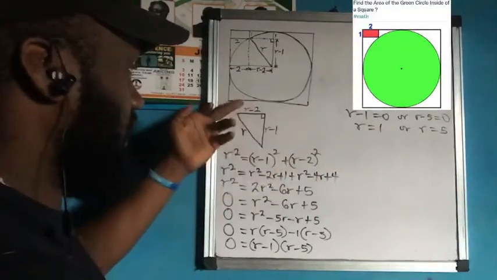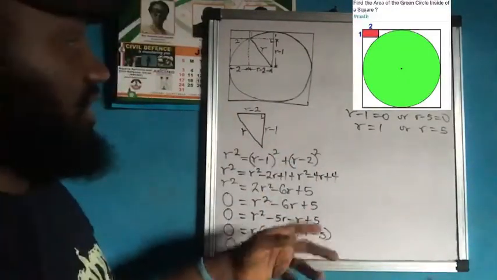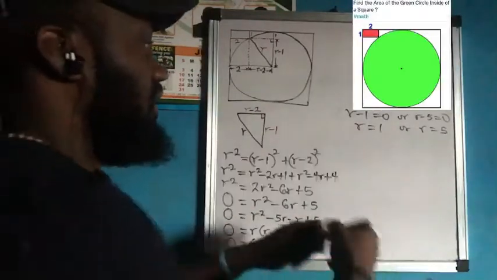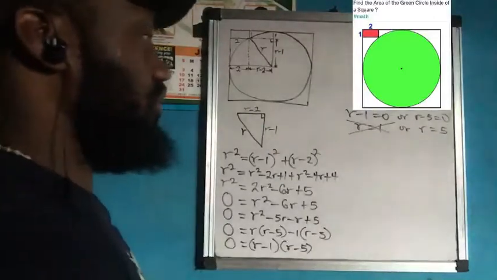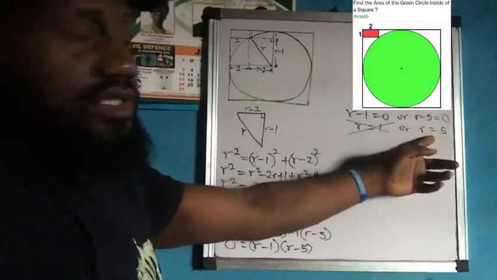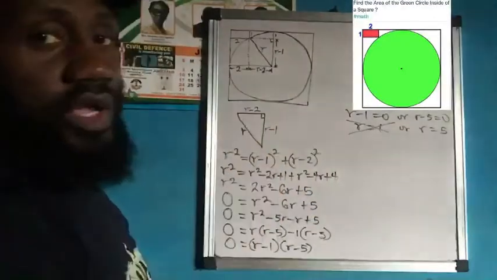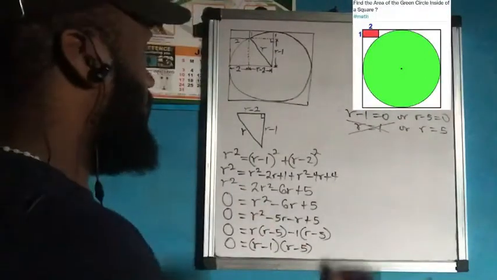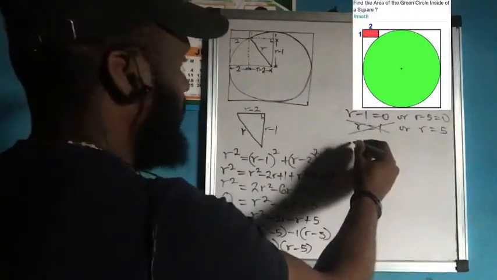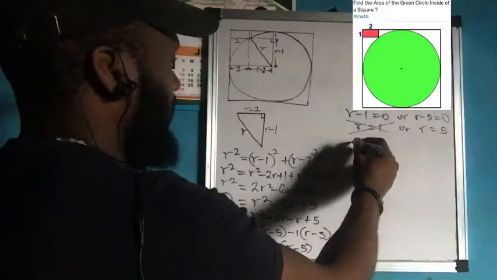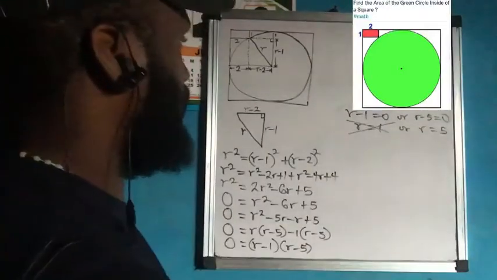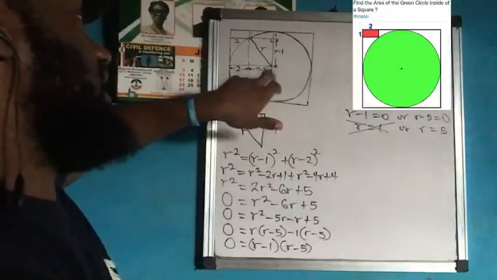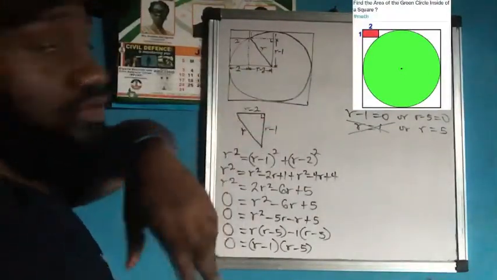Now you cannot have a negative side or a 0 side, so this one we would leave out and use this, because this one is going to be consistent with the values we require for the sides of the triangle. So we have r equals 5. Our actual question is asking us to find the area of the green circle.